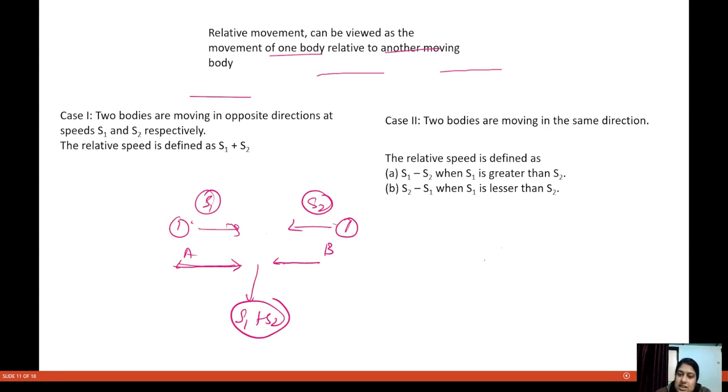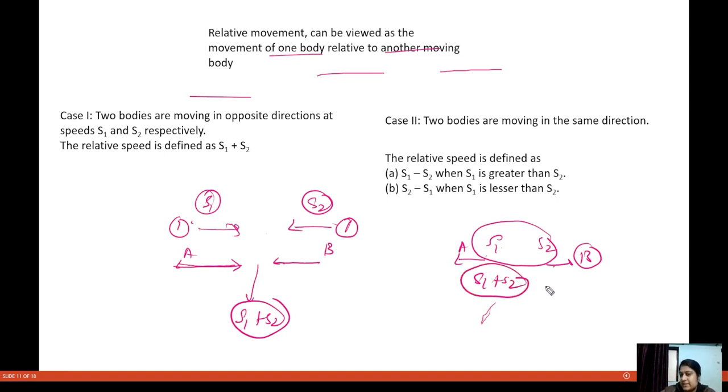What is another condition? You are moving towards this direction and I am moving towards this direction. So both of us are going far from each other. We are traveling in opposite directions, so both of us are moving far from each other with the speed s1 plus s2.